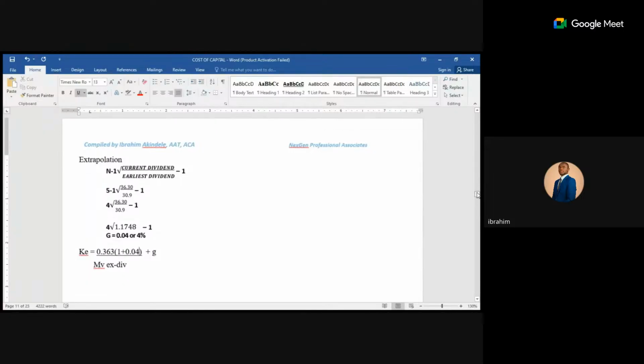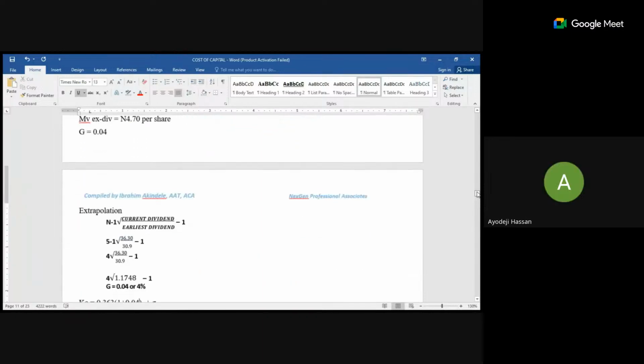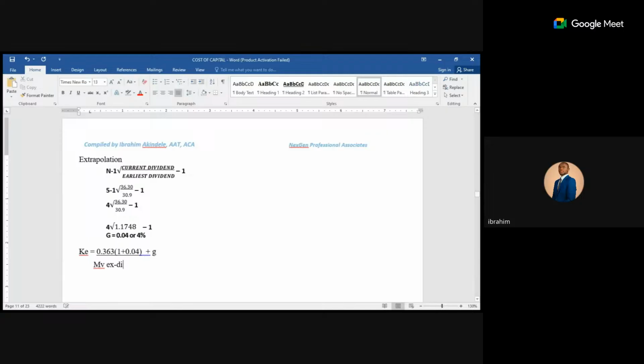What is the market value? 4.70. We should not forget that this is separate, so whichever figure you have, you add it with the growth rate of 0.04. So class, what is the cost of equity? 0.1203, or 12%.